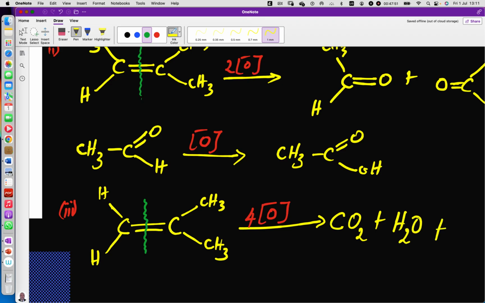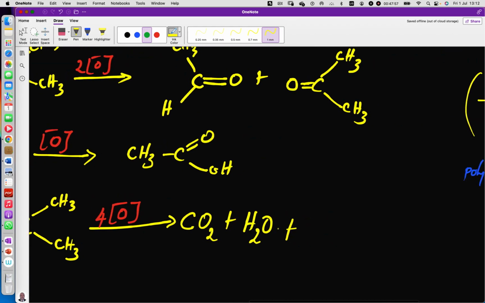Then this other end here, since there are two alkyl groups here, we will have our ketone, so that will be the product.